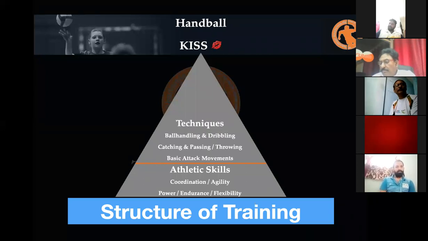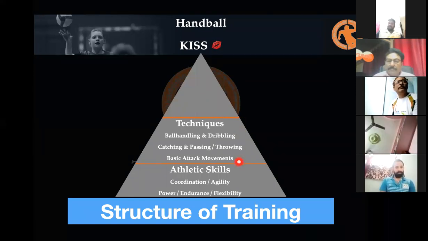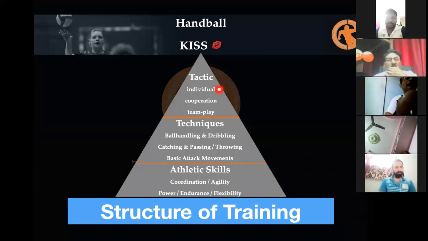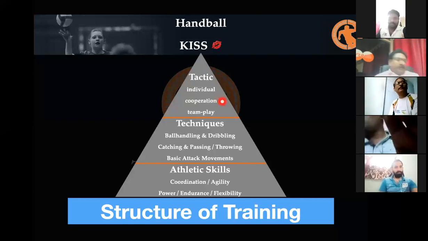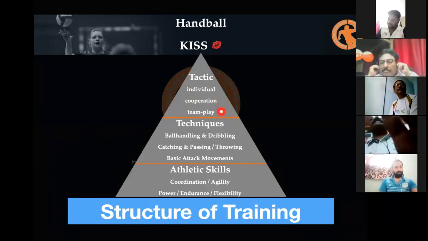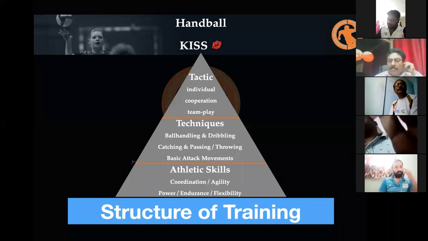Second level, the techniques. So in this level, we talk about ball handling and dribbling, passing, catching, throwing, and the basic attack moves. They have to be worked out. We had presentations about that. This is the second level. And the third level at the end is the tactical level with individual tactical skills, with cooperation of 2 or 3 players in attack, or with team conceptions, 4, 5, or all 6 players involved.